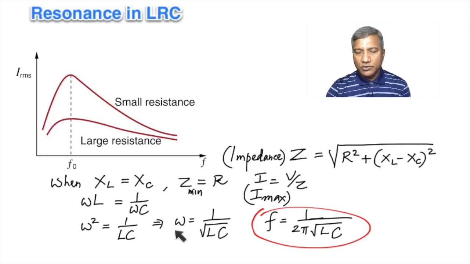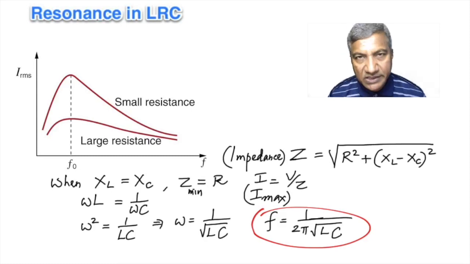So you could have written 2 pi f here. So when you have f alone on the left side, 2 pi goes to the denominator. So this is the formula using which you calculate the resonant frequency.